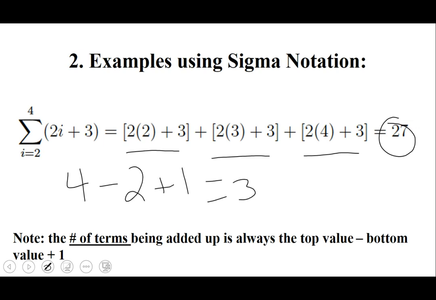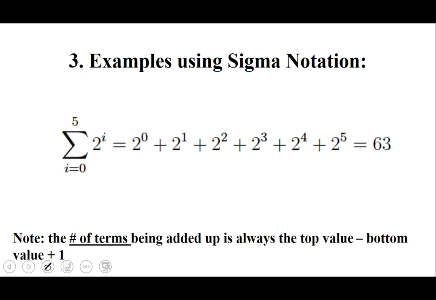In this case, that's a total of 3 terms, which is why you're adding up 1, 2, 3 terms. And again, because you're not starting at 1, some people have a hard time looking at 2 to 4 and realizing that there are 3 terms between them. So if you always use this little hint, I think it's a great way to check that you're adding up the correct number of things.